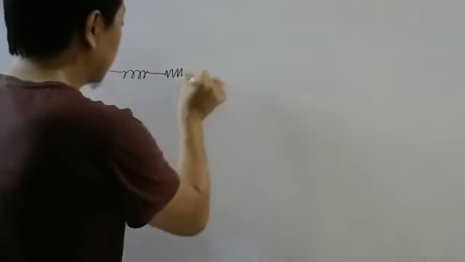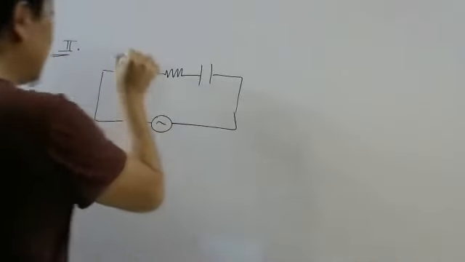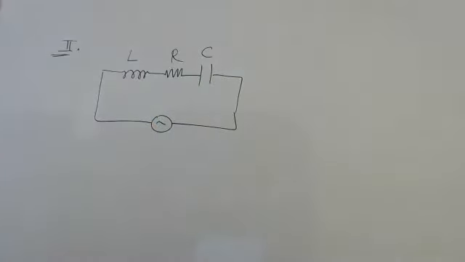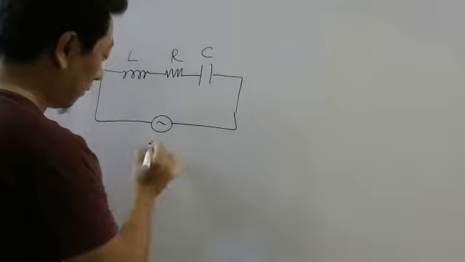The second type of problem you can expect is they will give you L, they may give you R, they will give you C, okay? And they will also give you applied voltage.